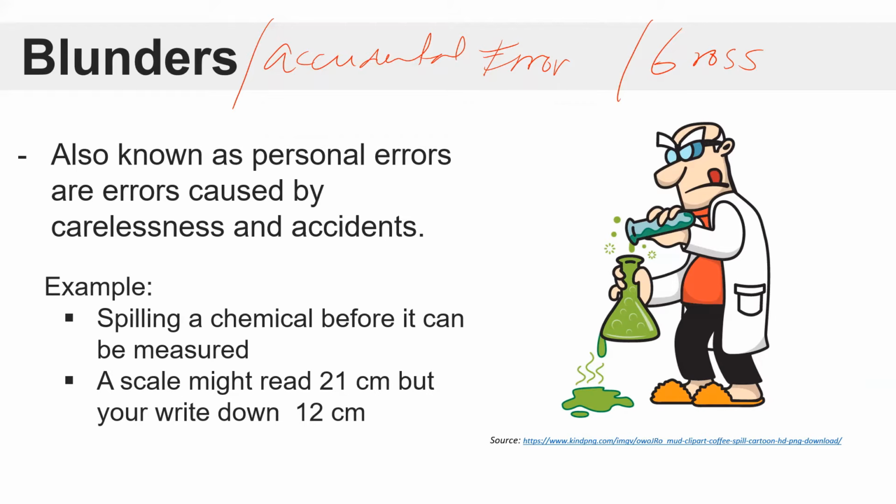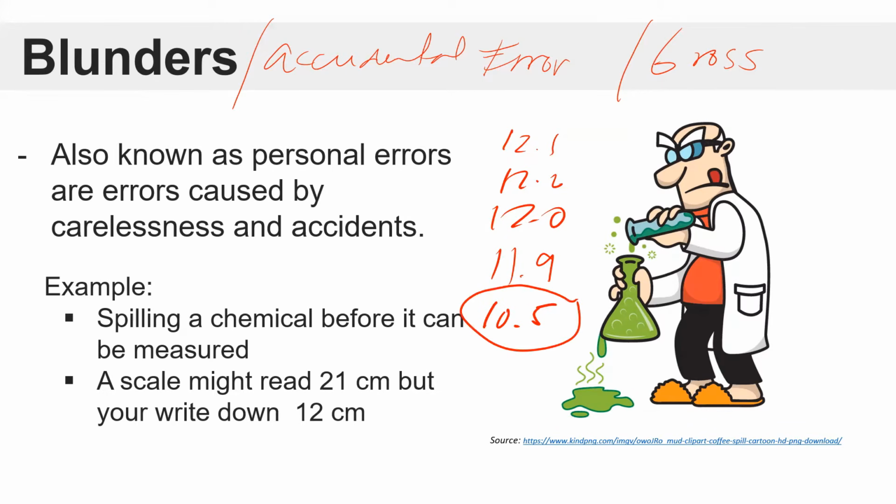In the first 4 trials, your results are 12.1, 12.2, 12.0, 11.9. Then, because of an accidental spill, the last one you measured is just 10.5 ml. Compared to the first 4 measured values, this is anomalous. This can be treated as anomalous data.